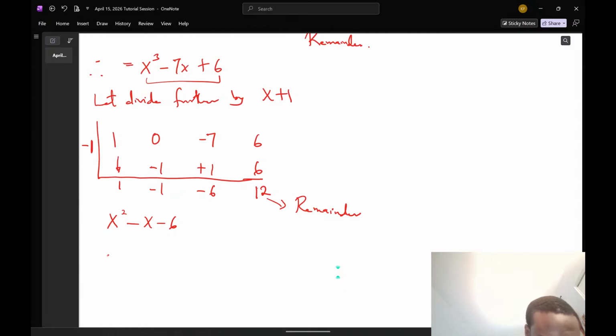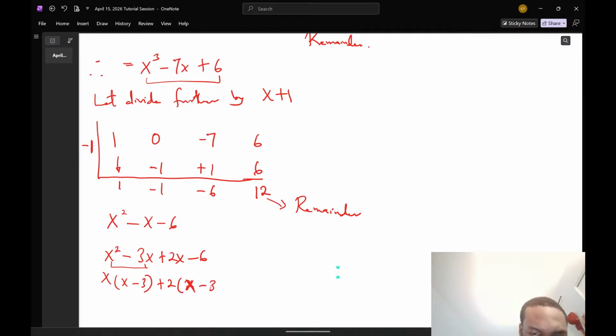We can do it as x squared minus 3x plus 2x minus 6. So x will divide these two, that'll be x minus 3. So plus 2, we divide these two: 2x divided by 2 is x, sorry, and then minus 6 divided by 2 will give us -3.